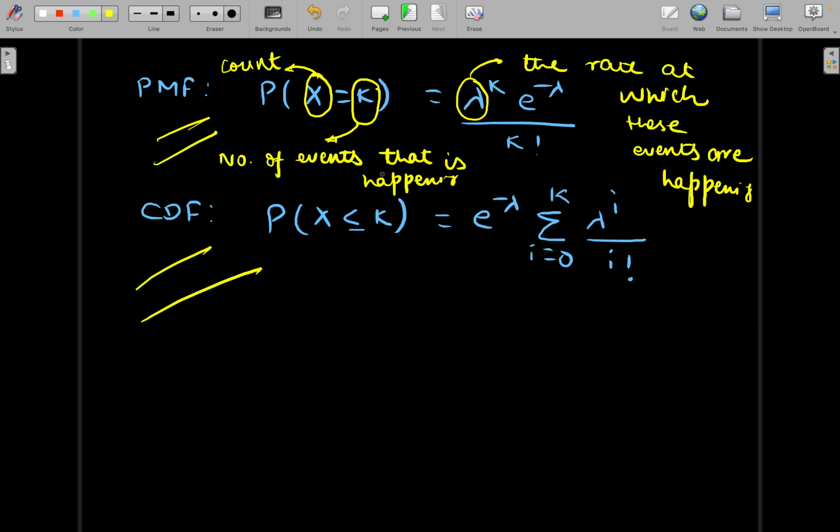You can derive it using two methods. The first is applying binomial distributions and using some limits in calculus, and the second one is fitting a formula to observations, right? In these formulas, k is the number of events that are happening, lambda is the rate at which these events are happening, and x is the count.